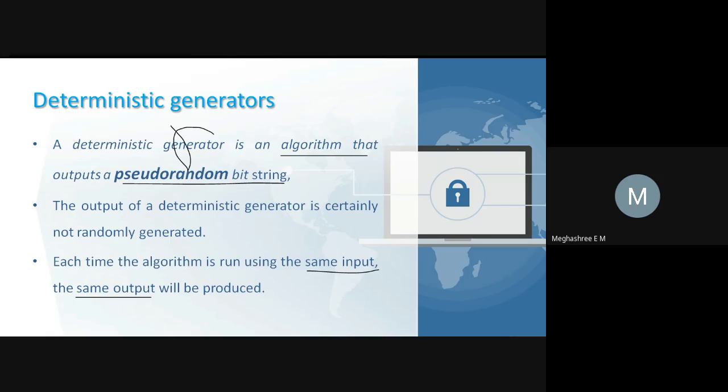That is the specialty of the non-deterministic generator. To remember, a deterministic generator is an algorithm, and its output is called pseudo-random numbers, which is not truly randomly generated. If you feed the same input to a deterministic generator, you will obtain the same output. But that should not be the case in an encryption or decryption algorithm. We'll see all those things in the video.